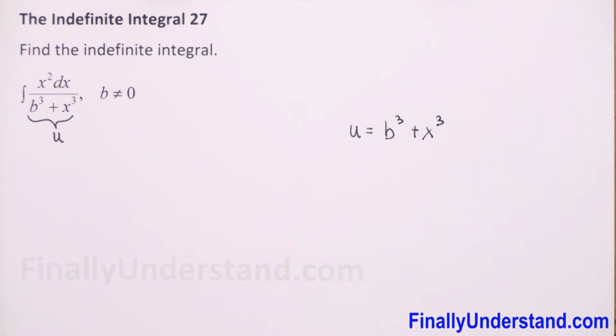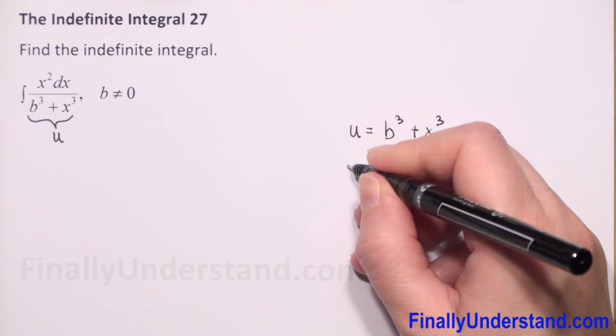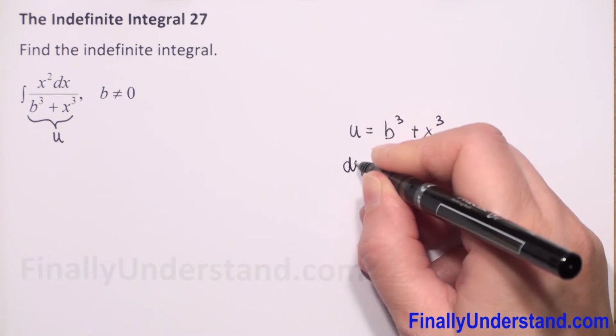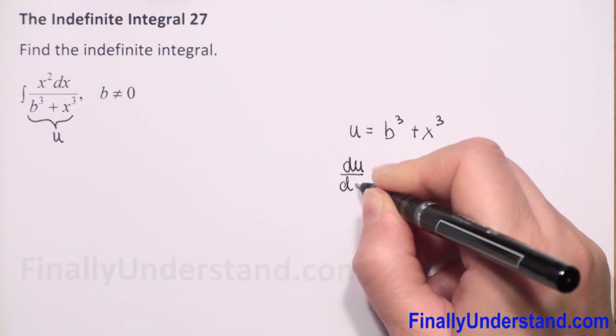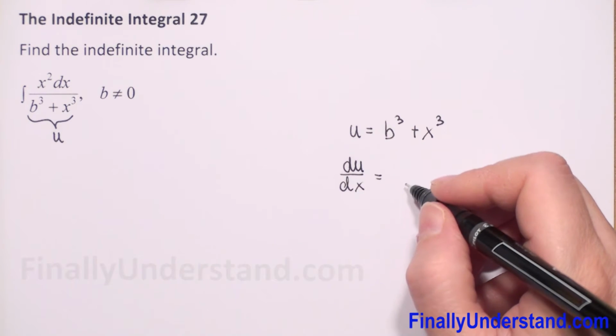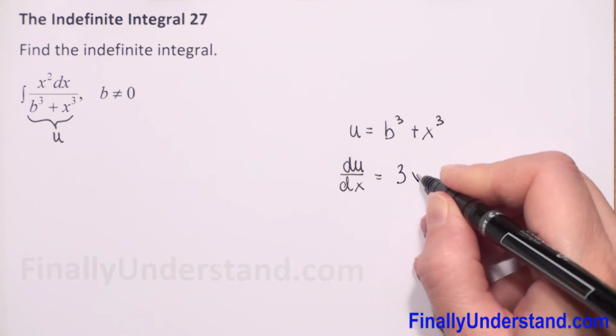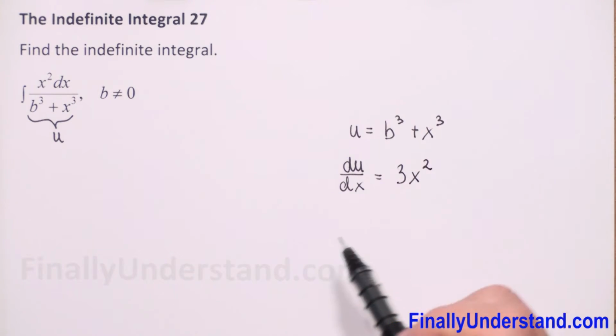b is a constant number. So now when we take the derivative of both sides of our equation with respect to x, we will have the derivative of a constant is 0, we don't have to write it, and the derivative of x to the third power is 3x squared.